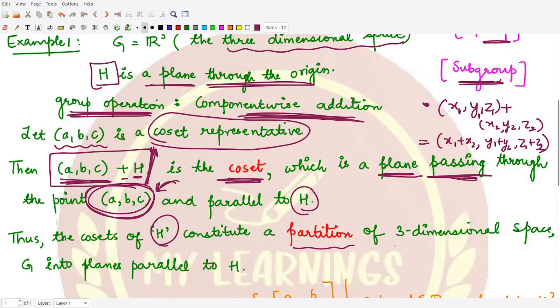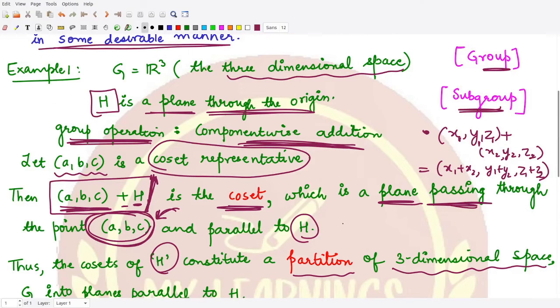Because the whole of three-dimensional space is represented by all such planes which pass through different points and are parallel to H, and moreover each one of them is a distinct plane. Different planes do not have the same points within them. That is why it forms a partition of the group G into different planes. So this is one such example.